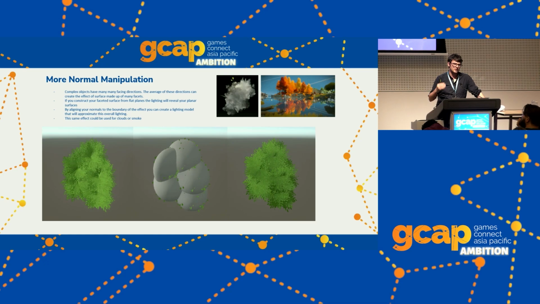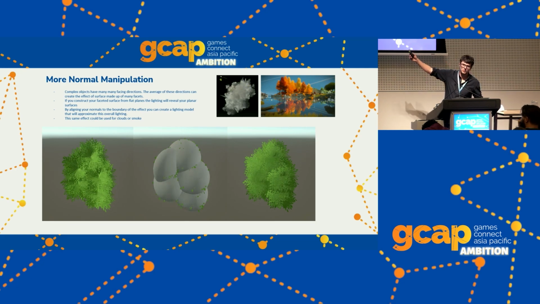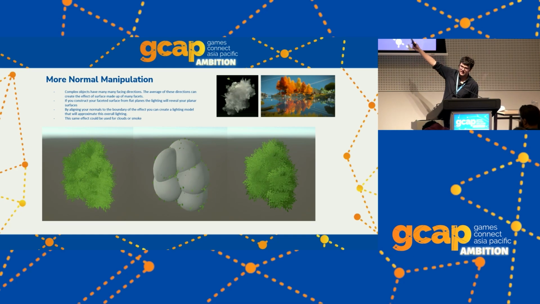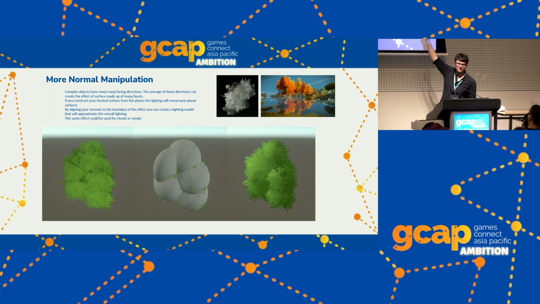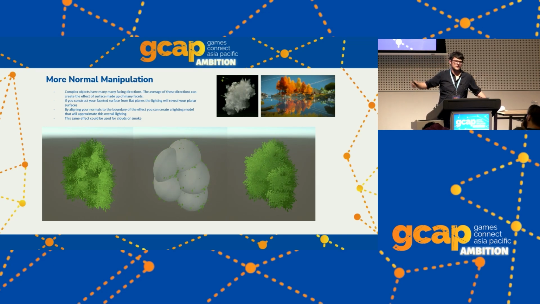So if I bundle a whole bunch of planes together and then have their normals point outwards towards where a sphere would point, you can see here, the lighting on my flat planes is going to more closely replicate the lighting of a sphere than the lighting of the flat plane that made it up. That's how they did a lot of the fluffy sort of trees and whatnot in The Witness and things like that. That normal manipulation helps you a lot when you have lots of multifaceted objects.